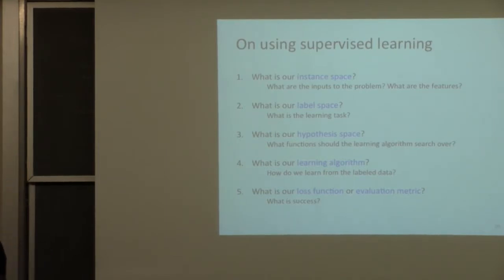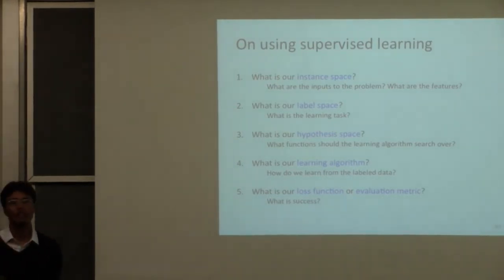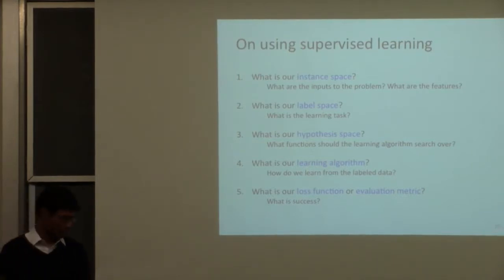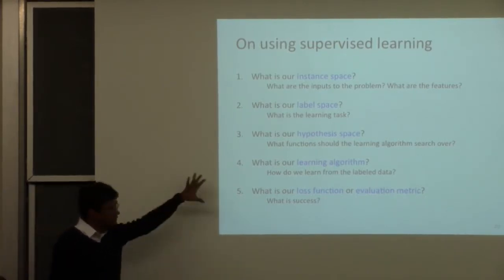What is success for learning? And being able to mathematically write down the loss function directly leads to some of the more popularly used learning algorithms. I'm going to go over each of these in a little bit more detail. In fact, my plan today is to just go over the first 3 and spend the rest of the semester on the last 2.